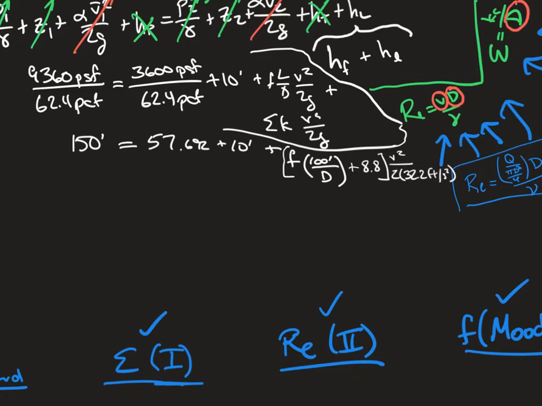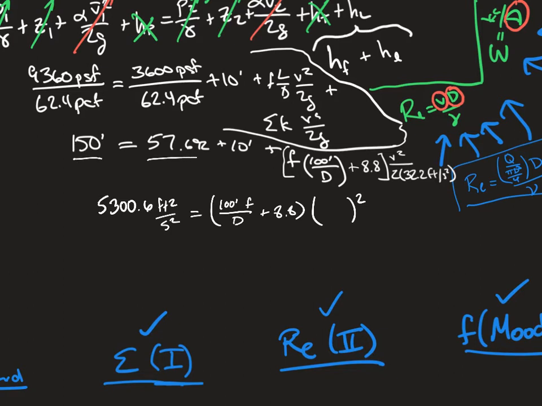So we need that V to somehow morph its way into a D, which we can do with continuity. So I'm going to do some algebra here real quick. Give me a second. All right, so tracking the last equation, I just combined all these first 3 terms here, 1, 2, 3, and then I multiplied by 2G.